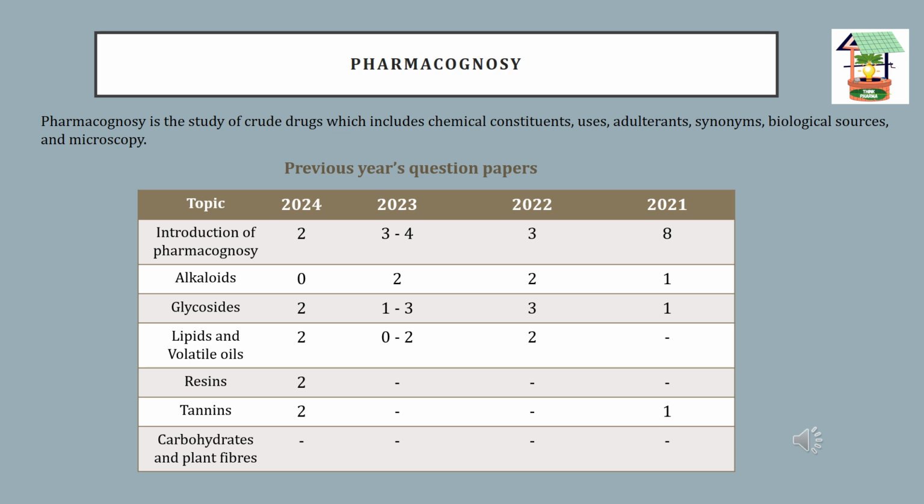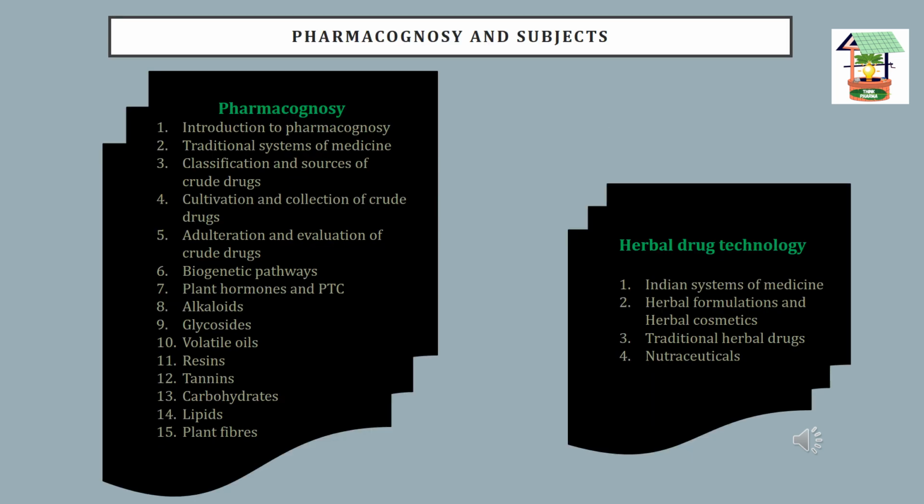So here are many topics like introduction of pharmacognosy, alkaloids, glycosides, lipids and volatile oils, resins, tannins, carbohydrates, and plant fibers. And then next, coming to the pharmacognosy, what are the topics and subtopics we have to learn, we will see. So here are two main subjects: pharmacognosy and herbal drug technology.